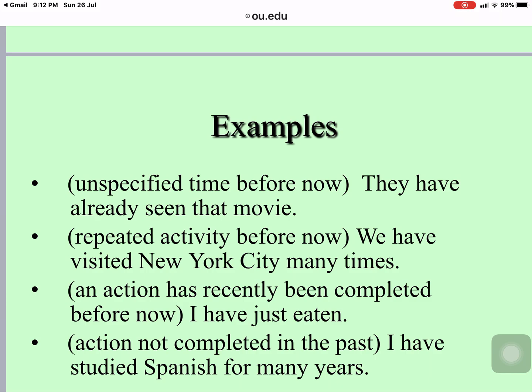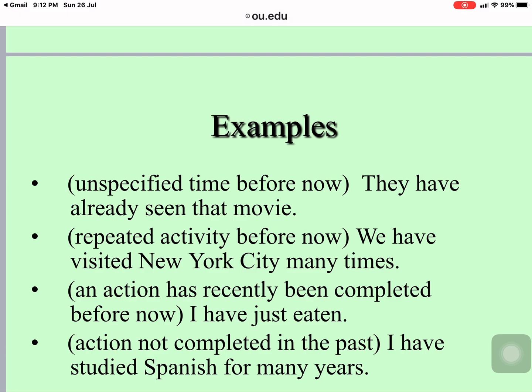In the previous sentence, they have already seen that movie. They is plural subject, so we have used have. And in the second sentence again we have used have because we is plural subject.